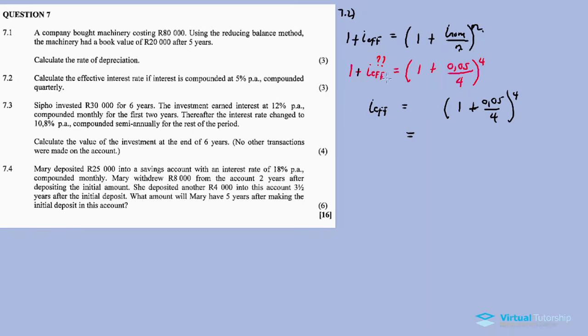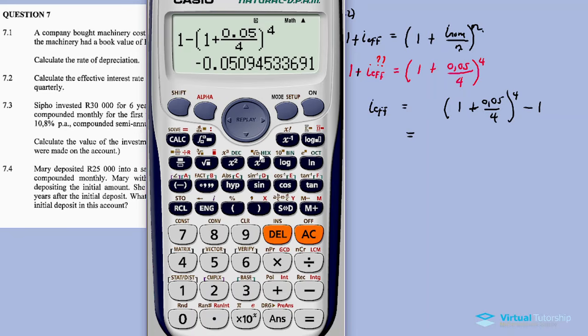So therefore I leave i effective on the left, and then I transpose 1, so it's minus 1. It shouldn't be a negative answer. That's why I was surprised it came out there. Okay, minus 1 equal to 0.0509.